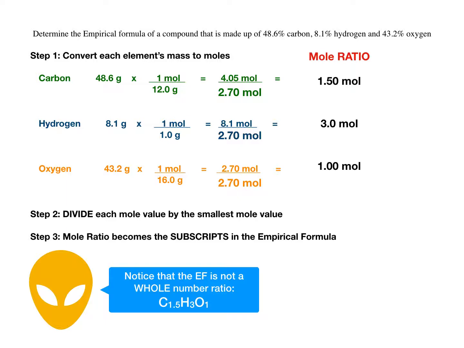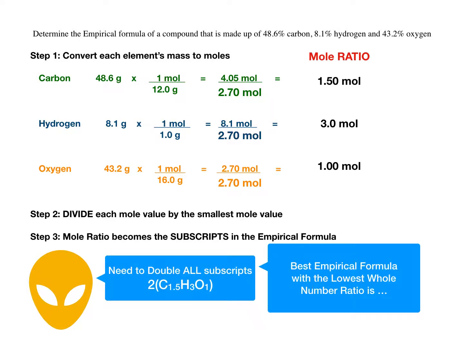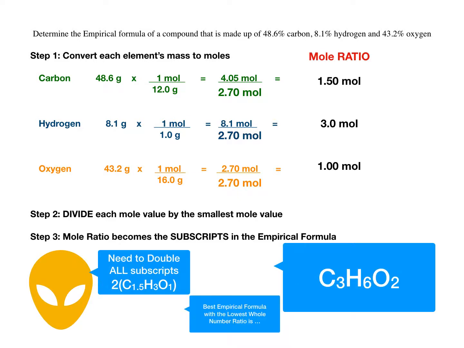When this happens, you will need to double all the subscripts in the empirical formula. Simply multiply each subscript by 2 to get to the best and final whole number lowest ratio. So for our final answer, going from carbon 1.5, hydrogen 3, oxygen 1, multiplying through by 2, our best final empirical formula is C3H6O2.